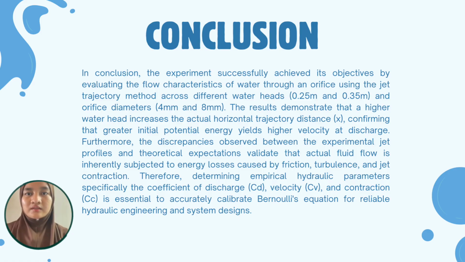Furthermore, the discrepancies observed between the experimental jet profile and theoretical expectation validate that actual fluid flow is inherently subject to energy losses caused by friction, turbulence, and jet contraction. Therefore, determining empirical hydraulic parameters, specifically the coefficients of discharge, velocity, and contraction, is essential to accurately calibrate the Bernoulli equation for reliable hydraulic engineering and system design.